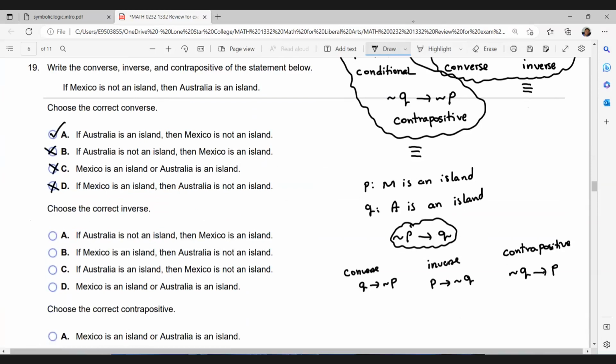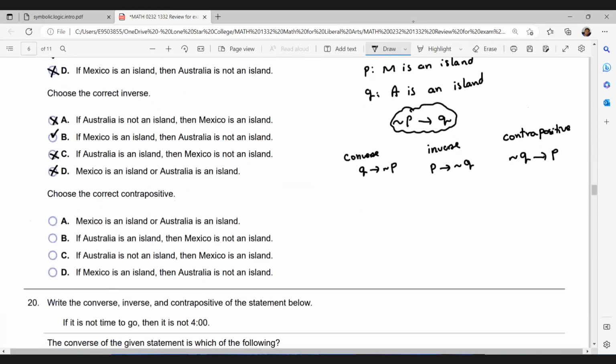So I could probably just rule out the choices that don't begin with Australia. The inverse of the conditional is going to say if Mexico is an island. So therefore, rule out everything that begins with if Australia. It needs to be a conditional, so it needs to have if Mexico is an island. Therefore, the only possible answer here is B.